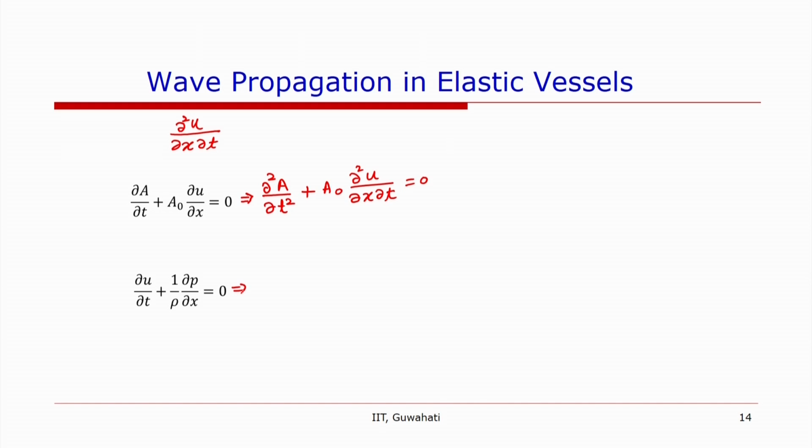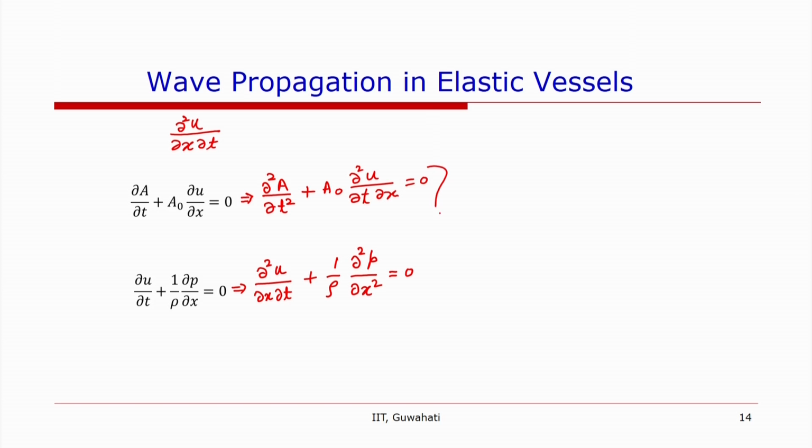Similarly, from here we will have del 2U over del X del T. You might remember that you can write this as del X del T or del T del X. It does not make any difference, but just for clarity's sake, I have written it in this manner: del 2U by del X del T plus 1 over rho del 2P over del X2 is equal to 0.